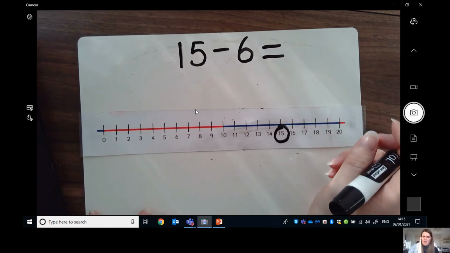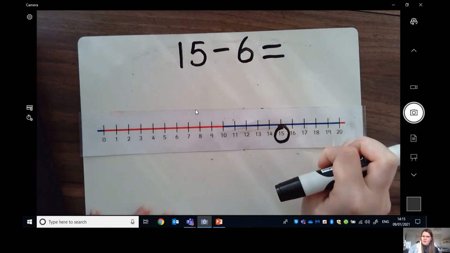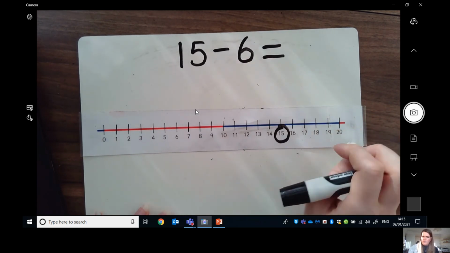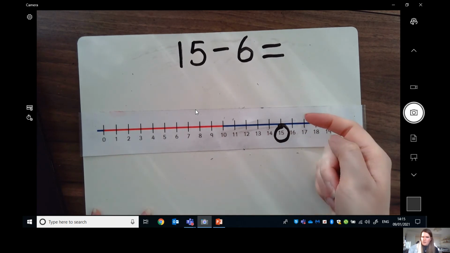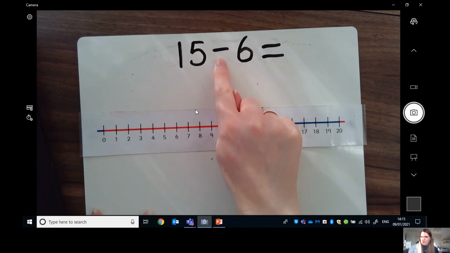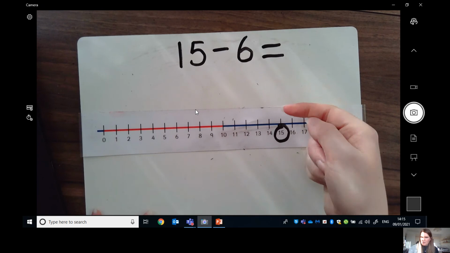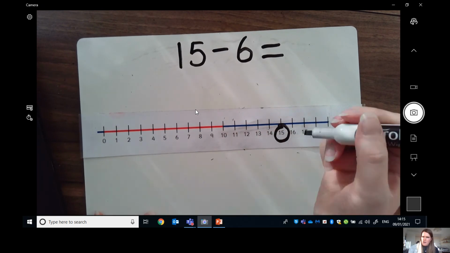How many jumps am I making this time? 6. Which way are my jumps going? Are they going forwards or are they going backwards? Backwards. We know they're going backwards because we are subtracting, which means our number is going smaller. So my jumps need to go this way. 15 minus 6.